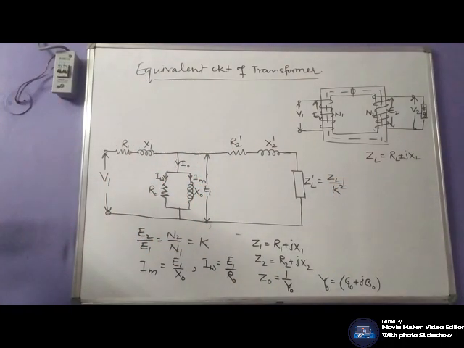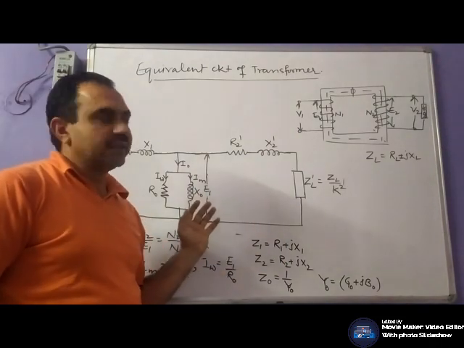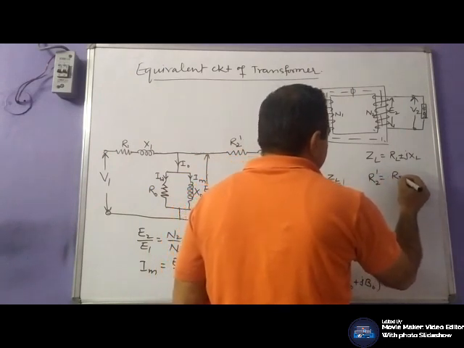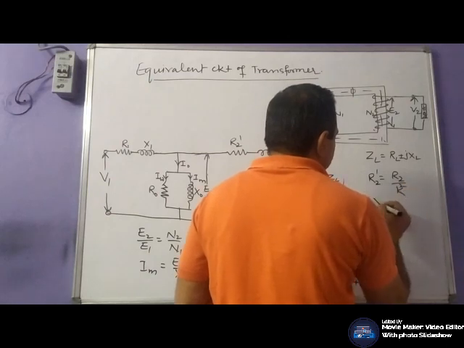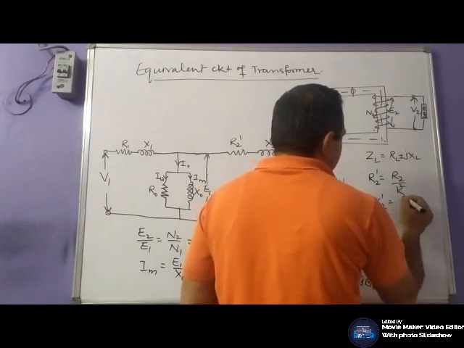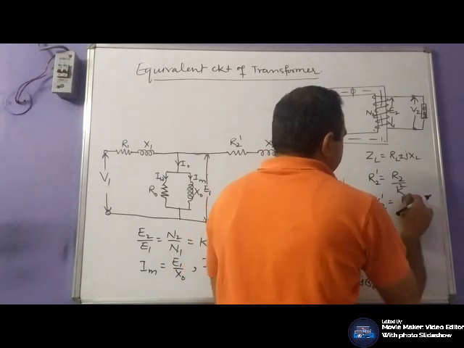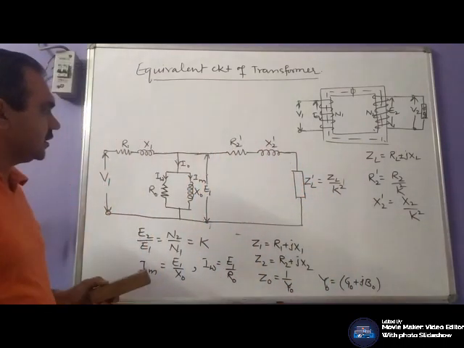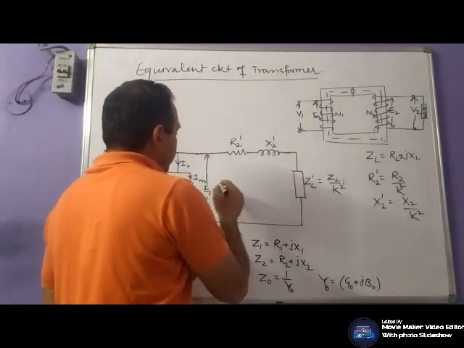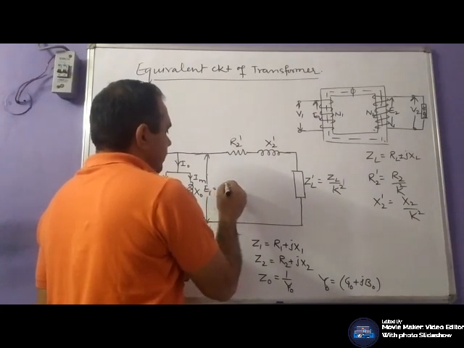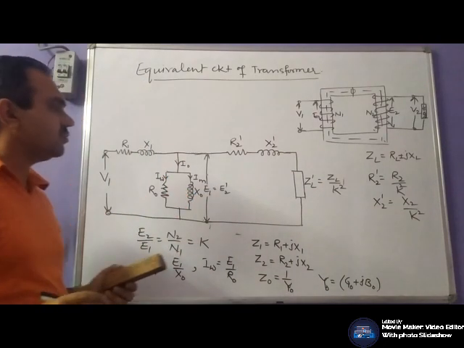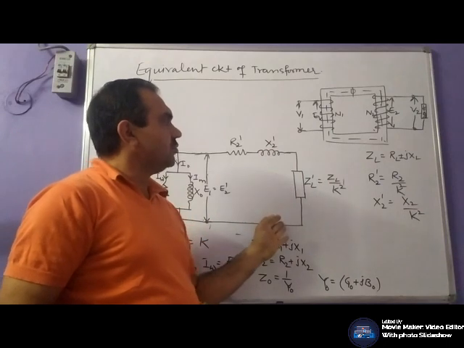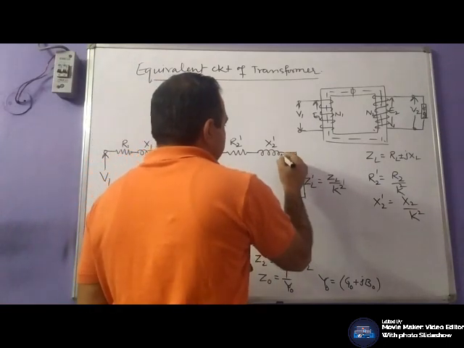We have already discussed how we can transfer parameters to either side. R2 dash would be R2 by K square, and X2 dash would be X2 by K square. The voltage on this side would be E2 dash, which is equal to E2. Likewise, the corresponding voltage on this side would be V2 dash.